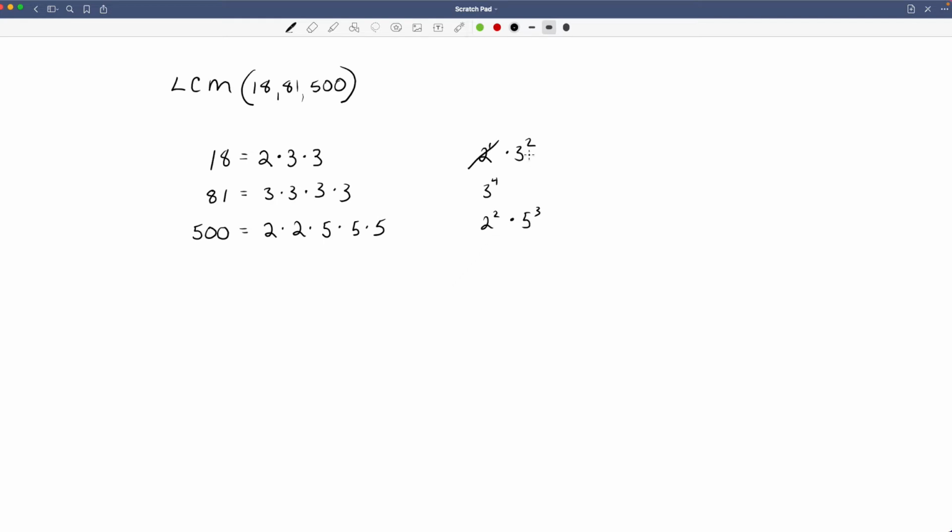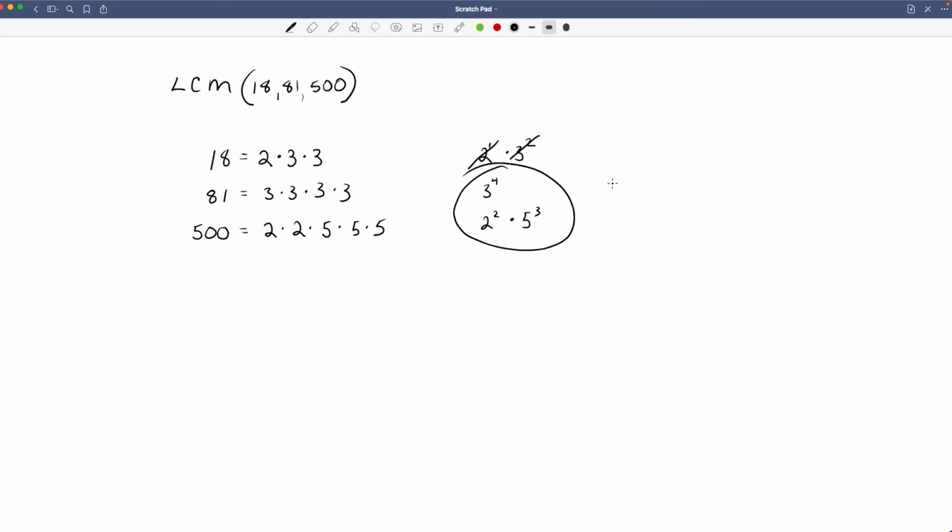Which one is bigger, 3 to the 2nd power or 3 to the 4th power? 3 to the 4th power is bigger, so we can cancel that one out. 5 to the 3rd power is not used anywhere else. So we are going to use these factors in order to find the least common multiple.